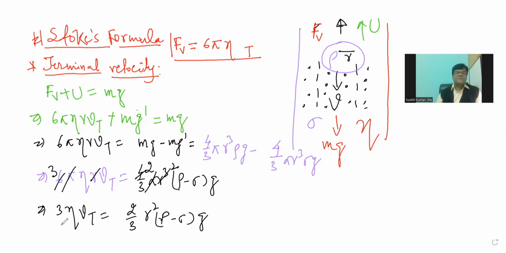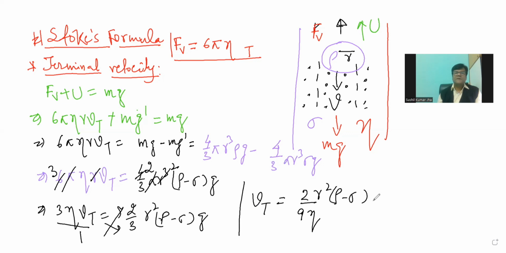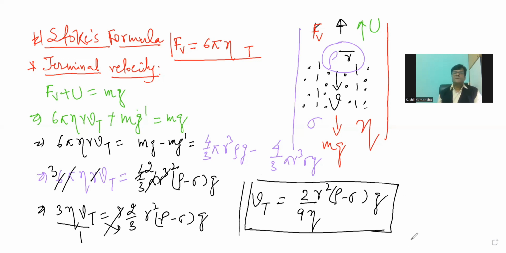Now if you do cross multiplication, then we get Vt is equal to 2 upon 9 times r square (rho minus sigma) g upon eta, and this becomes the formula, the expression for terminal velocity.